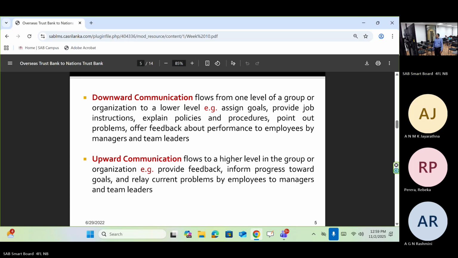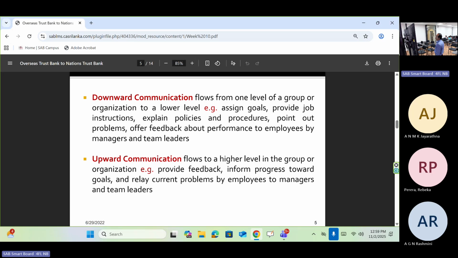Right. Then we are here now. These are the two components of vertical communication: the formal downward, top down. As we discussed in the first lesson and the organizing lesson, this involves the chain of command principle.